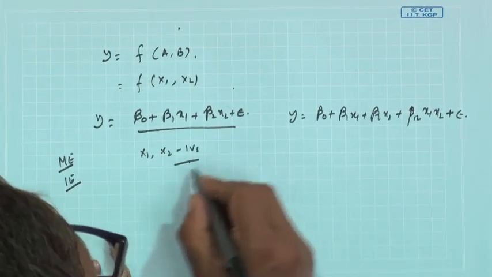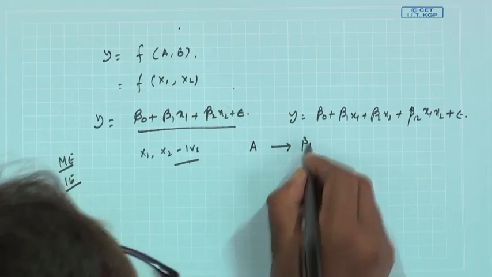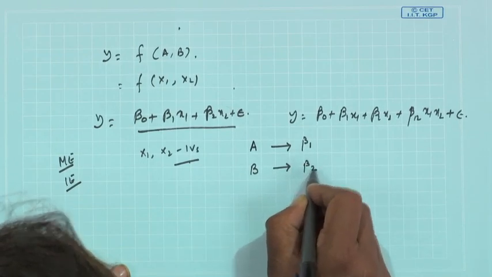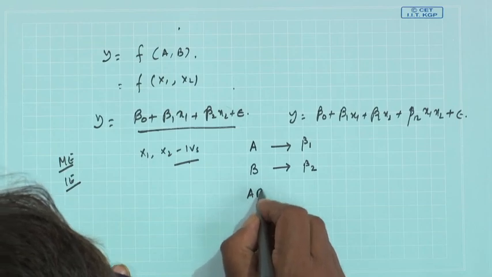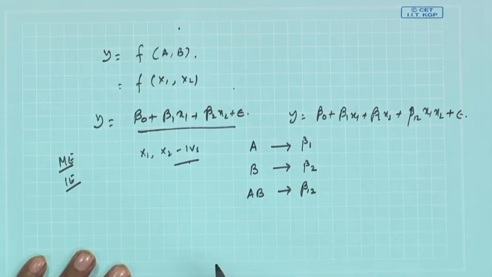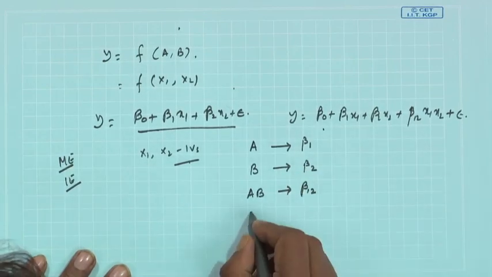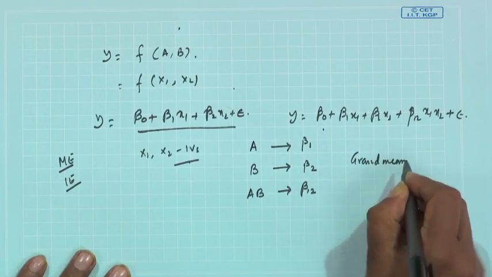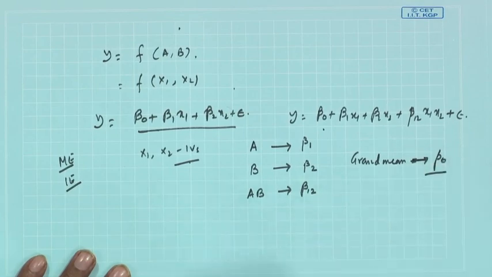So, if A is the main effect, then its corresponding regression coefficient is beta 1, B is another main effect, corresponding regression coefficient is beta 2, and then AB is interaction effect, corresponding regression coefficient is beta 1 2. Then what is the beta 0? Beta 0 is the intercept, this is the grand mean. So, grand mean is actually represented by beta 0.